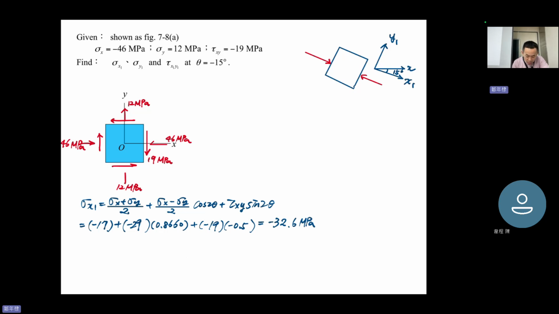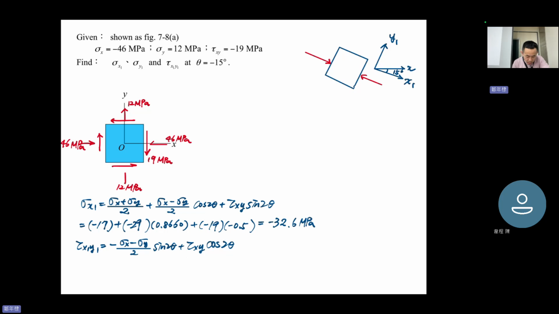Now, tau x1 y1. Substitute minus sigma y divided by 2 sine 2 theta plus tau xy cosine 2 theta.